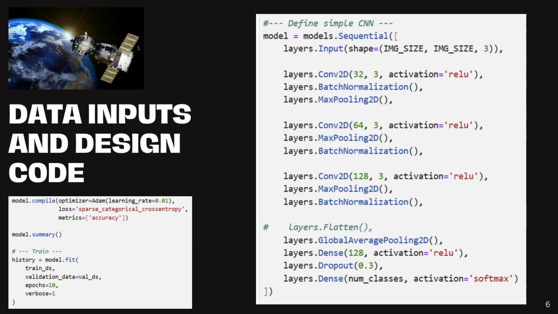There are 10 epochs there, the training and validation accuracy, the training loss, and the loss is sparse categorical cross entropy. This is one of the prediction measures that I'll also be explaining. There's also a learning rate, where the model learns at a speed of 0.01, and different models will have different learning rates.